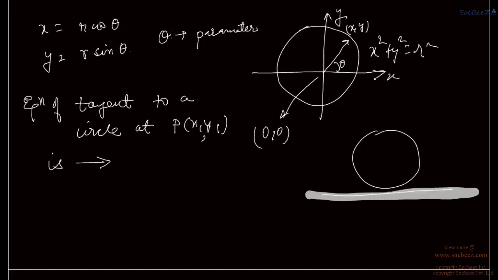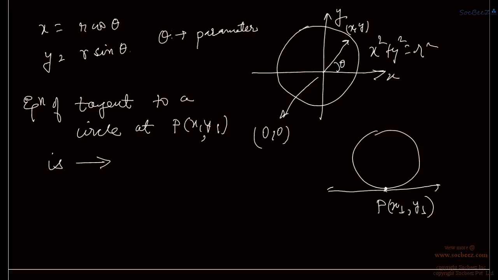So this is a point P (x1, y1), and this is the circle x² + y² = r².